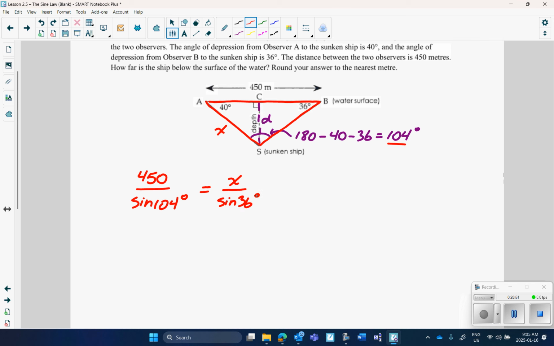And then I can use algebra to find that. So cross multiply and then divide both sides.